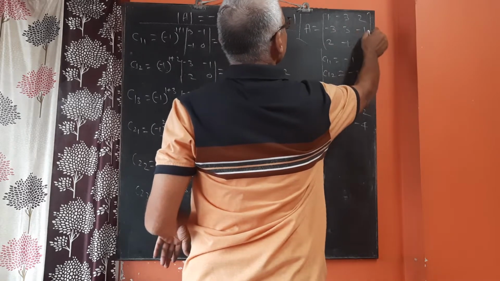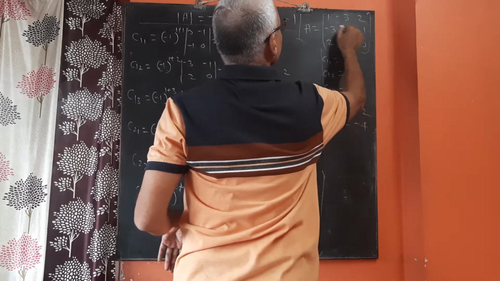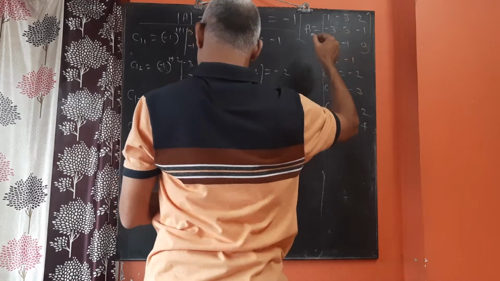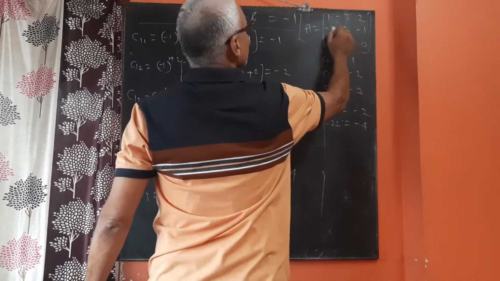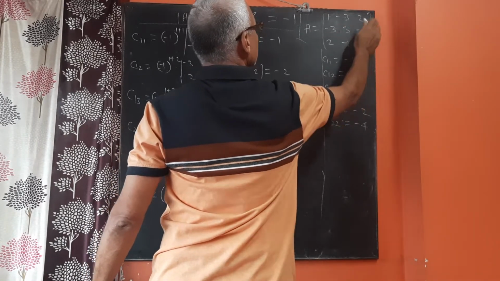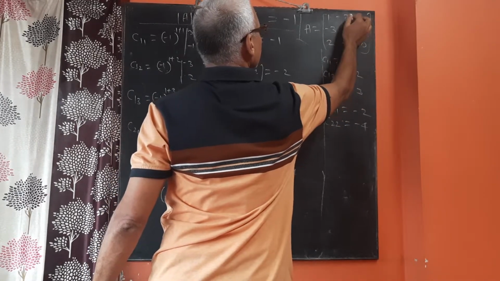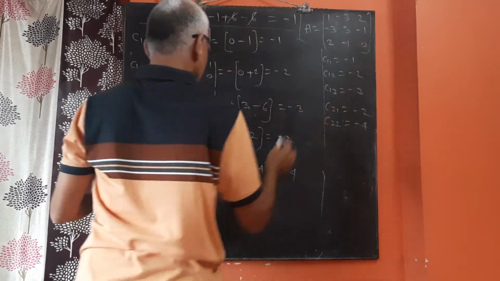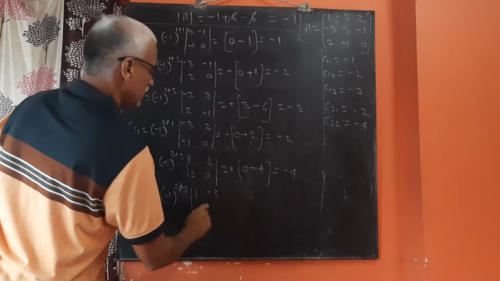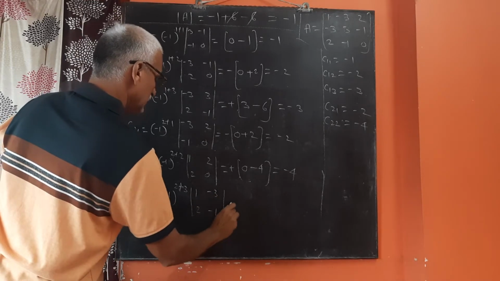Now in this, this row and this column gone. C23 means this position. This row and this column we left out, so what remains is 1 minus 3 and 2 minus 1.